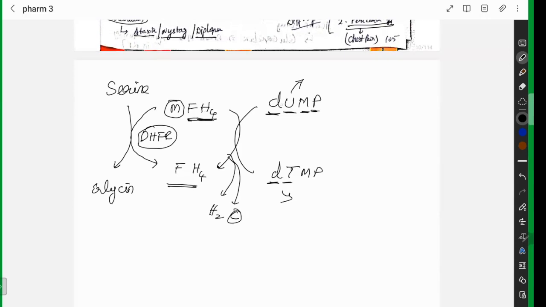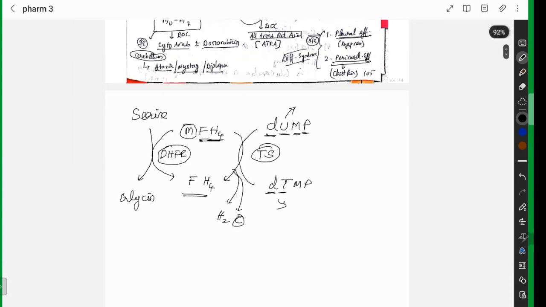Similarly, for conversion of deoxyuridine monophosphate to thymidine monophosphate, you require the thymidylate synthase enzyme. So we are going to target with two drugs: one that is going to inhibit your dihydrofolate reductase, that is methotrexate, whereas the one that inhibits both dihydrofolate reductase as well as thymidylate synthase.